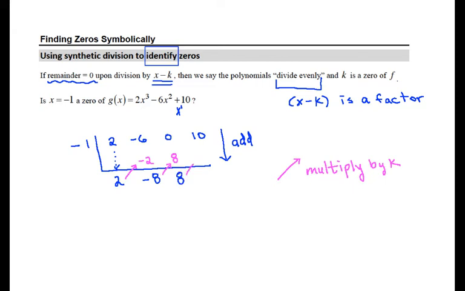Going diagonally up again, 8 times -1 is -8. And I add downwards to get a remainder of 2. Because my remainder is equal to 2, not 0, these do not divide evenly. So I would say no, that in fact -1 is not a zero of this function.